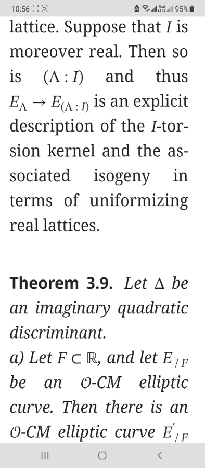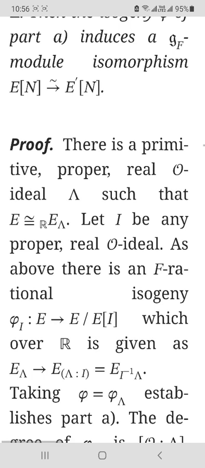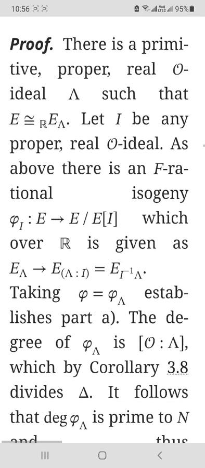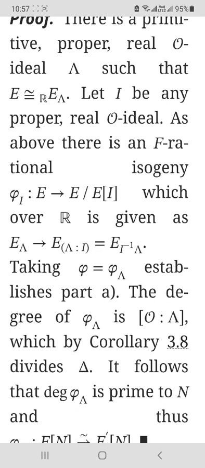Okay, and we can see now that there is an F-rational isogeny φ_I from E to E quotient by E[I] over R, which is given as a map from E_Λ to E_{Λ:I}, and it can be viewed as a map from E_Λ to E_{I^{-1}Λ}. Taking φ equal to φ_Λ established in part A, the degree of φ_Λ is the index of Λ inside O, which divides the discriminant Δ.